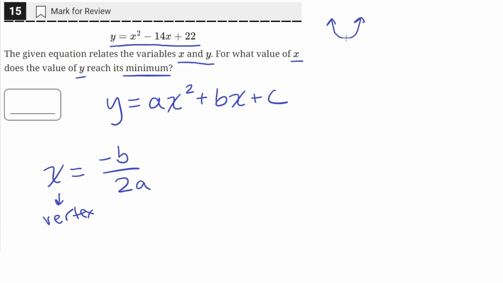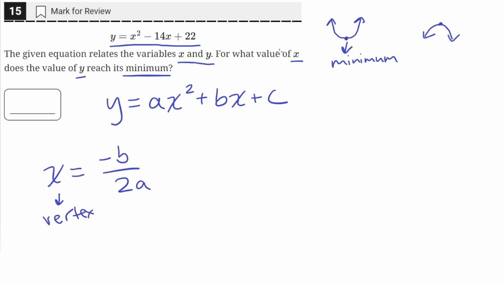The vertex of a quadratic is this point here for a concave up quadratic, like this quadratic in this case. And for concave down quadratics, the vertex is this point here. So for a concave up, this vertex is the minimum.